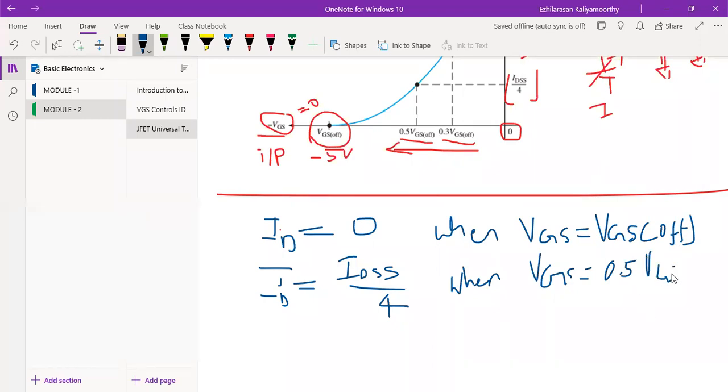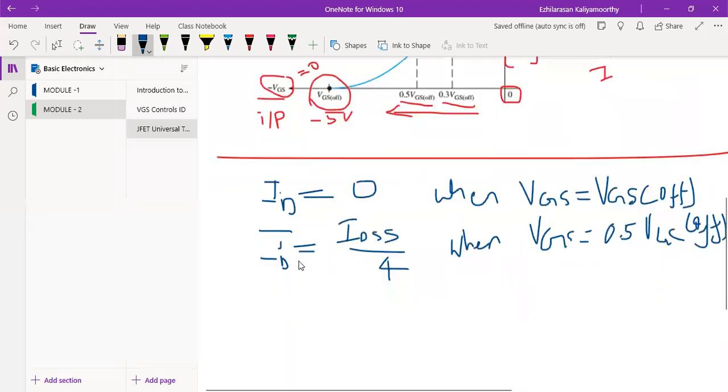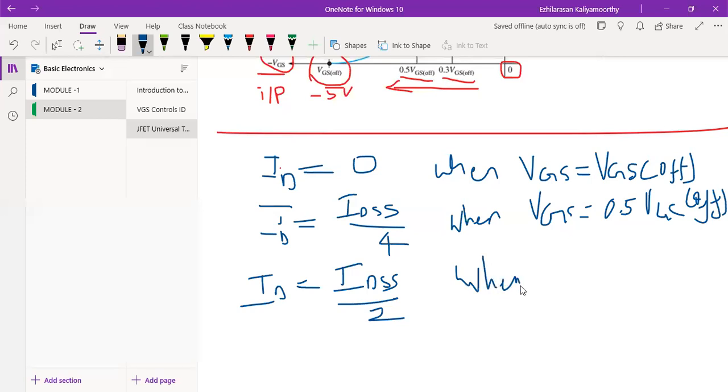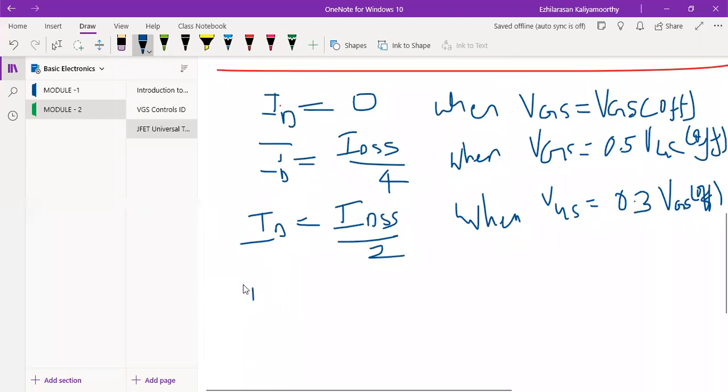Like this, as we saw in our diagram, ID will be equal to IDSS by 2 when your input voltage VGS is equal to 0.3 times of VGS off. Again, ID will be equal to IDSS, that is your drain current, when VGS is equal to 0.